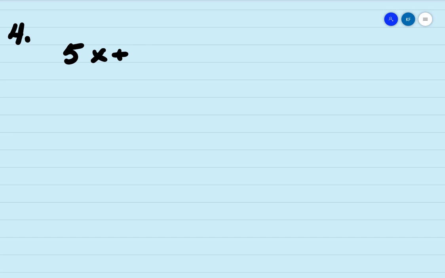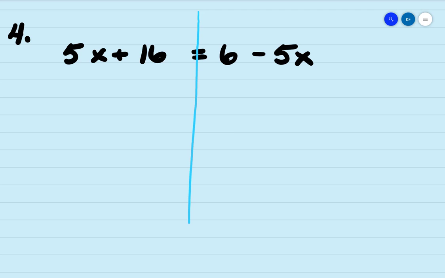5x plus 16 is equal to 6 minus 5x. All right, I have variables on both sides of the equal sign, so I'm going to draw that line. And then I'm going to remind you to check, are there x's on both sides of the equal sign?